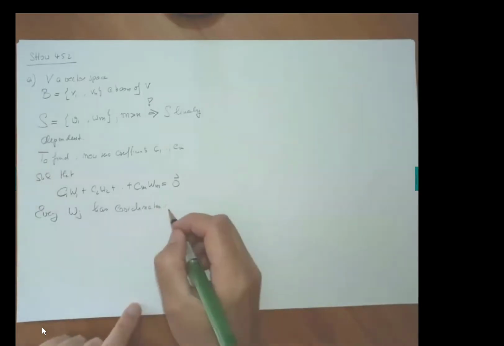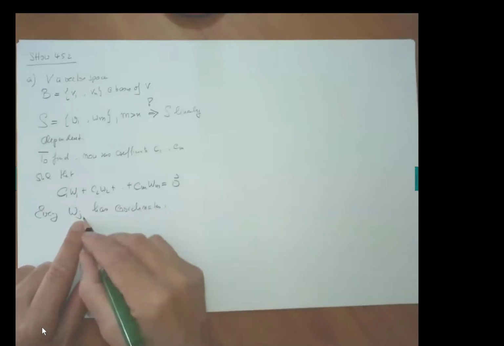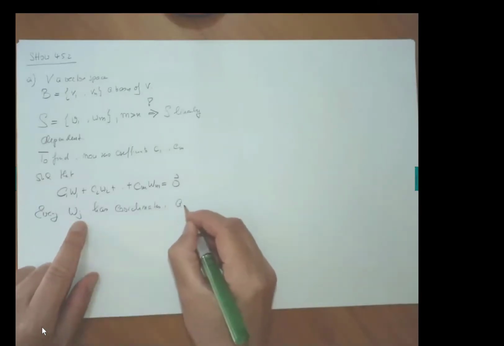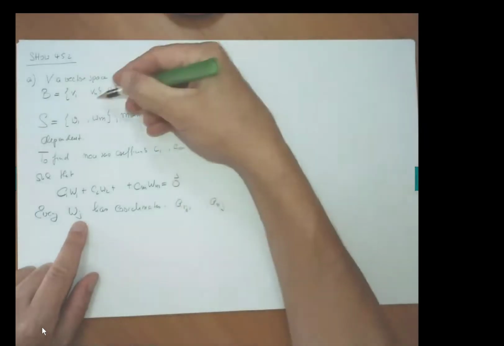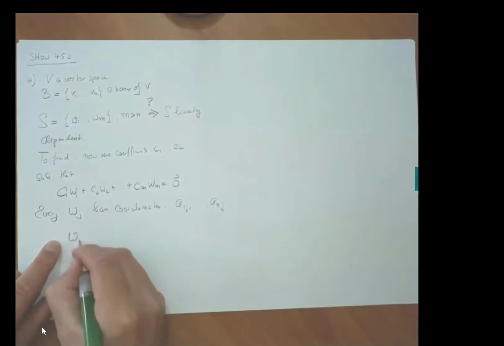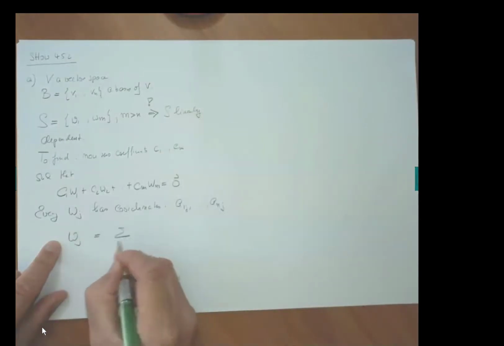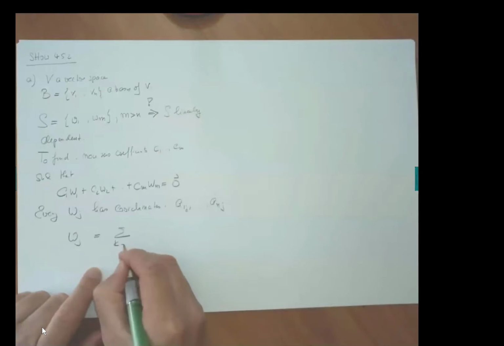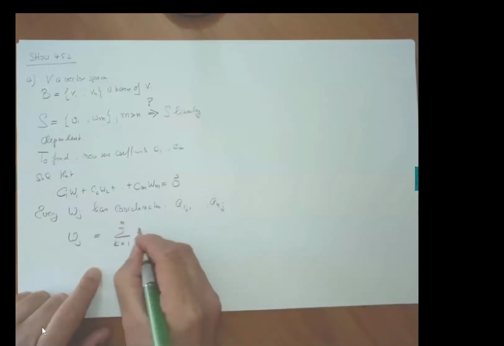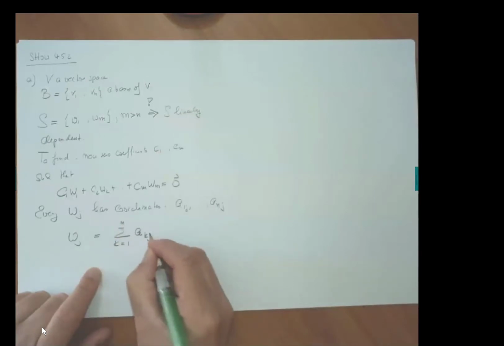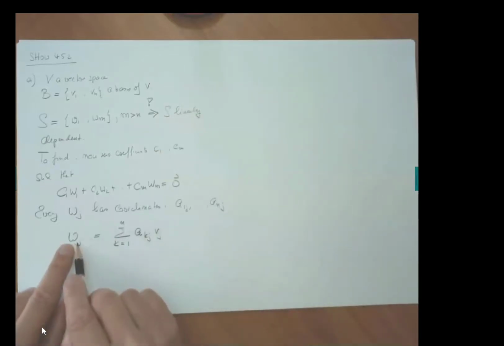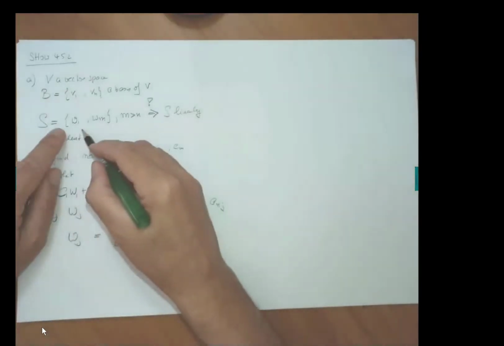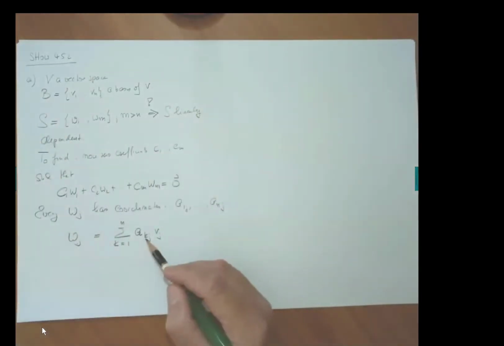Okay, so let's call the coordinates of Wj A1j up to Anj, n because our basis has n elements. So that means Wj is the linear combination, sum over k from 1 to n of Akj Vk. Because this is a basis, every vector can be written with help of the basis, especially our w vectors. And these coordinates, even better, they're unique. They exist and there's nothing else.